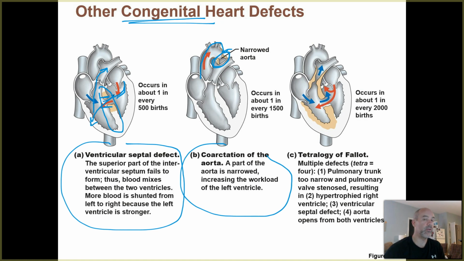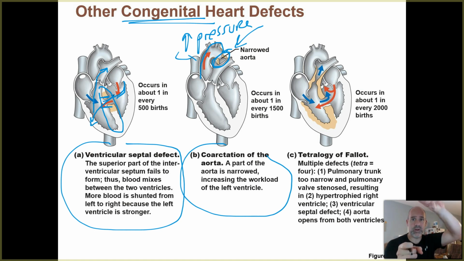And now what's that going to do to your afterload? If you remember, afterload, pressure within the aorta, is one of those things that affects cardiac output. So if the aorta is narrowed at that position, that's going to increase your pressure. Just like if you were squeezing a garden hose, pressure in the hose is going to be higher back up in here.